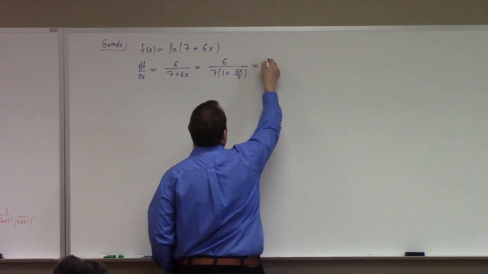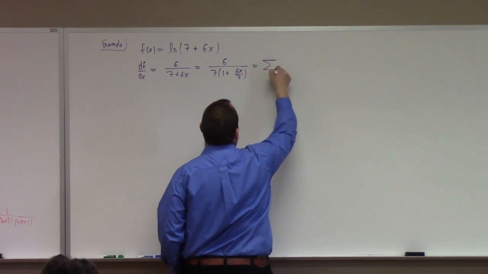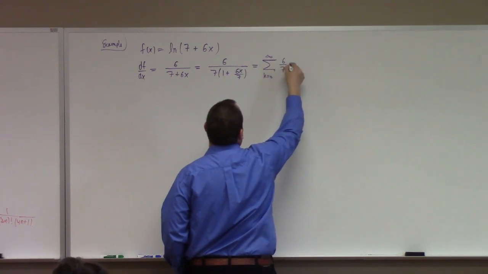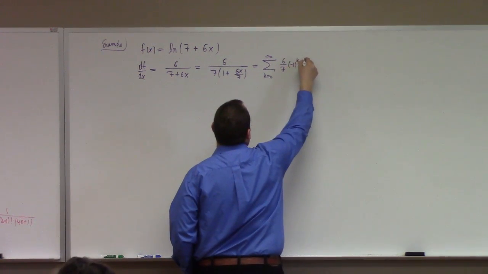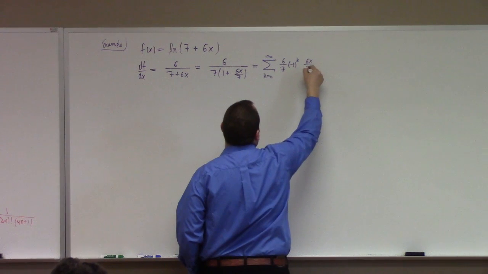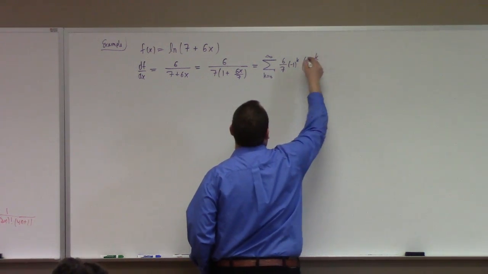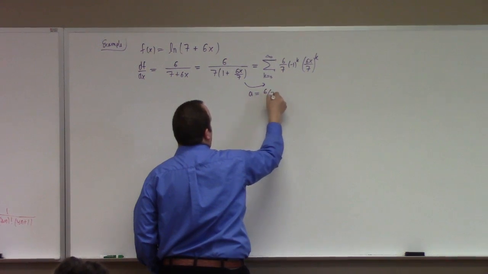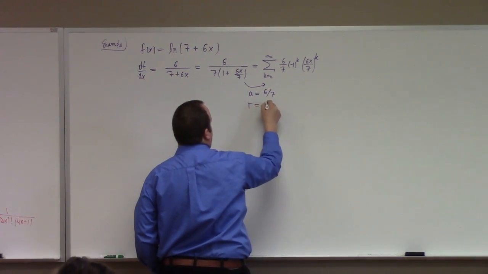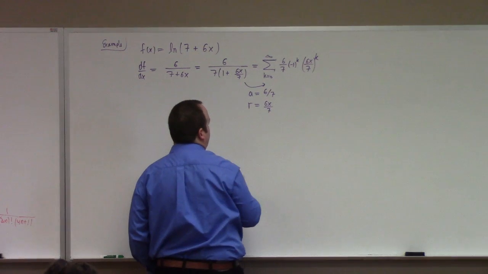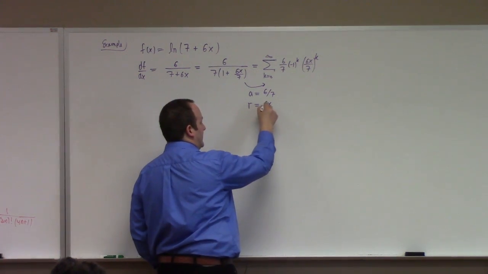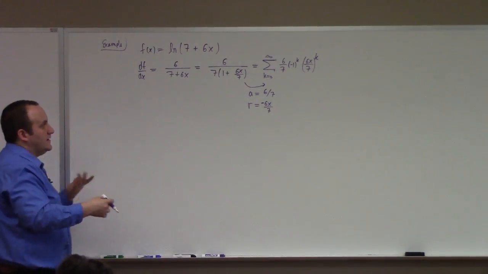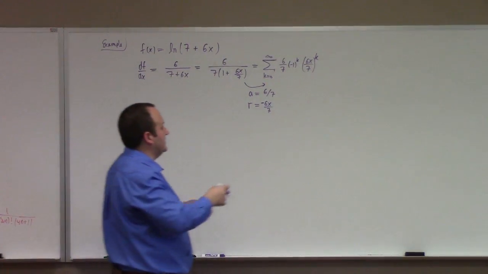So that is the sum, k equals 0 to infinity, of 6 over 7, times minus 1 to the k, times 6x over 7 to the k power, by the geometric series, right? We have a equals 6/7, and the ratio is minus 6x over 7, because I need a minus, right? And then you can clean this up.